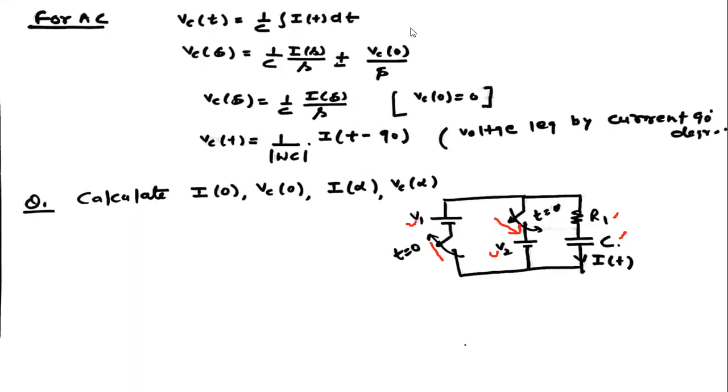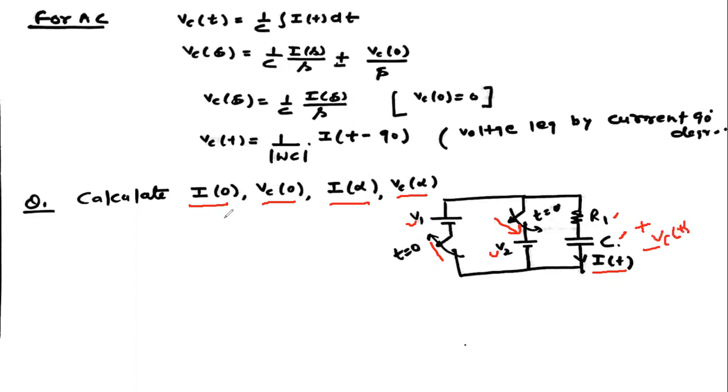Now what we have to find is the value of i(0), where i(t) is representing the current across the capacitor. We have to find the values of i(0), vC(0), i(infinity), the steady state current, and vC(infinity), and vC(t), which is representing the voltage across the capacitor.